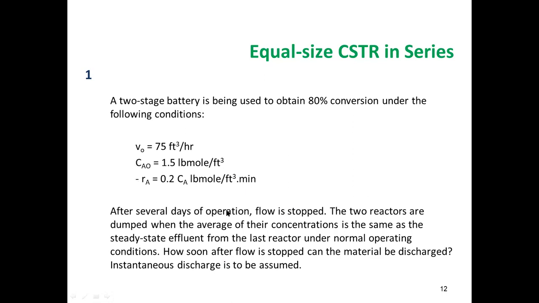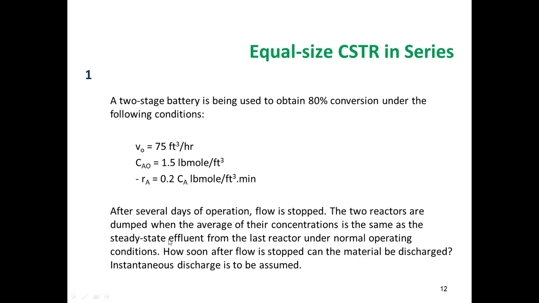After several days of operation, the flow is stopped. So meaning the connection to your two MFRs is cut. The two reactors are dumped when the average of their concentrations is the same as the steady state effluent from the last reactor under normal operating conditions.